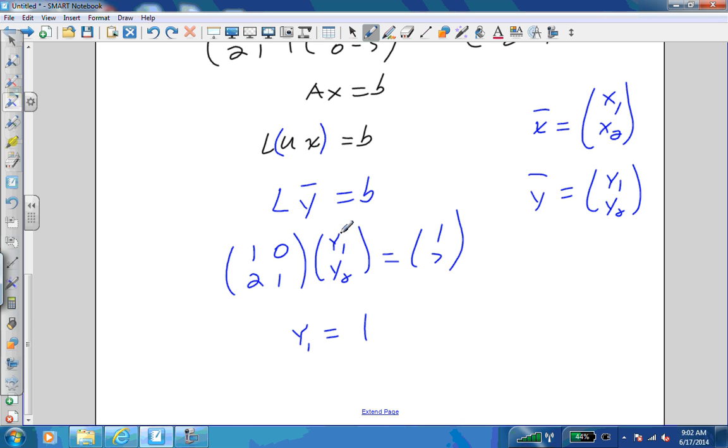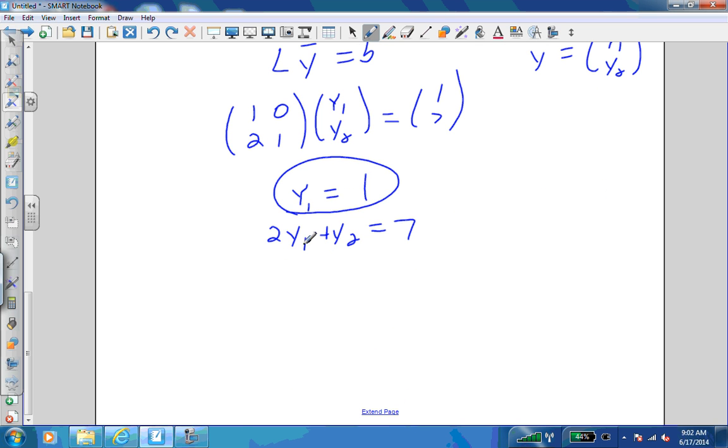If we were to multiply this times this vector, 2y1 plus 1y2 equals 7. Well, notice since we only have one number in this first row, that tells us what y1 is. y1 is 1.